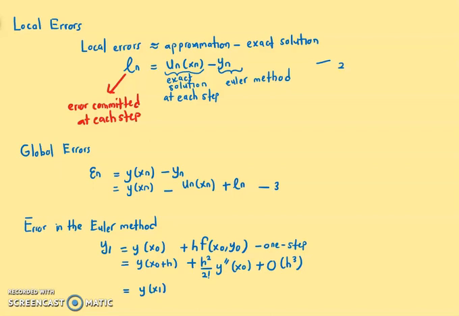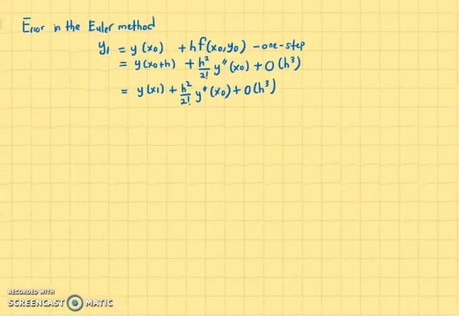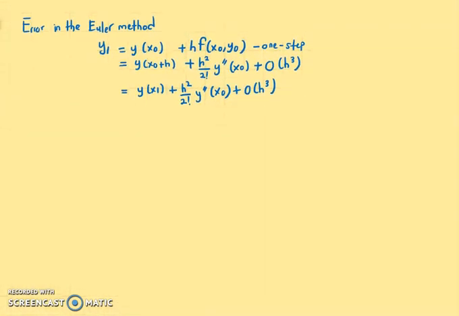So for a one step method, we have y1 minus y of x1 equal to the remaining terms.